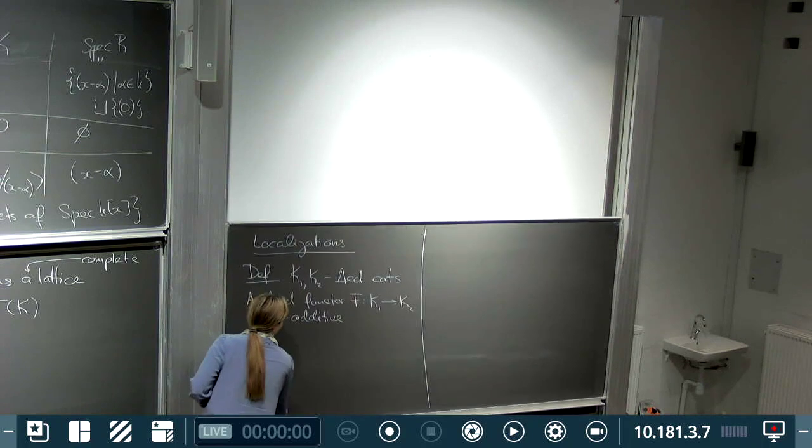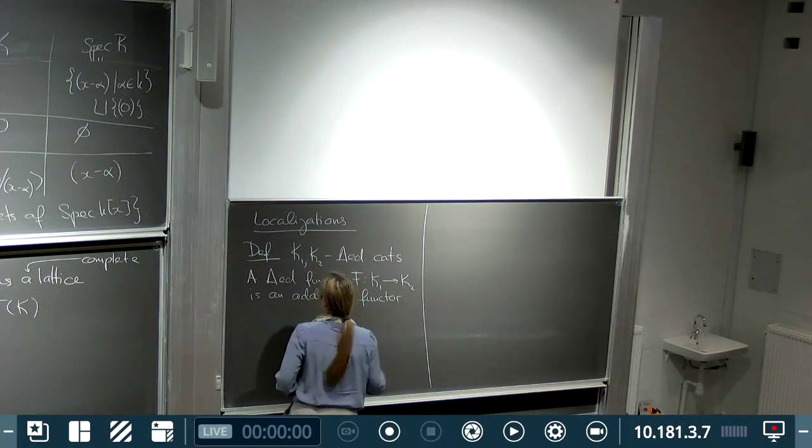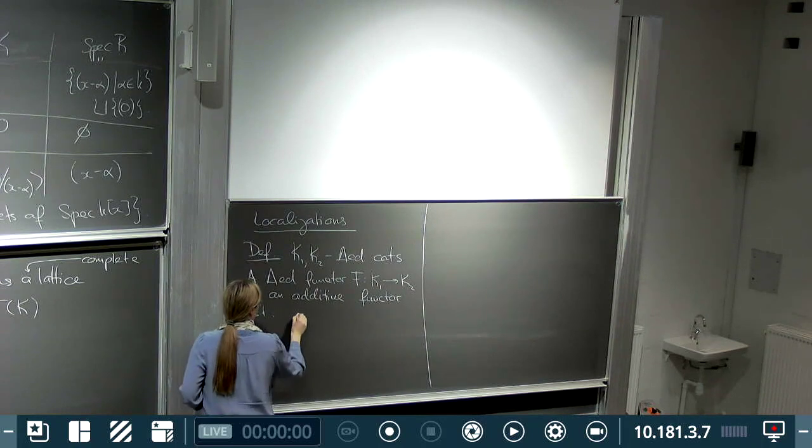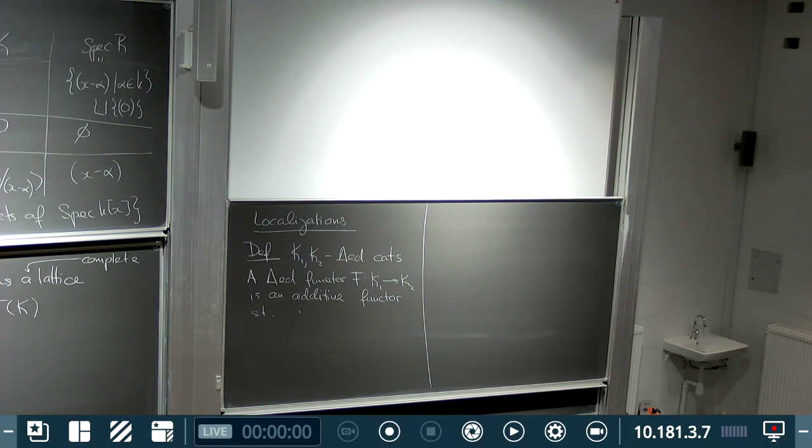So it's an additive functor. And what do you want from it? Right, it should preserve the triangulated structure, so it should commute with suspension, and it should send triangles to triangles.